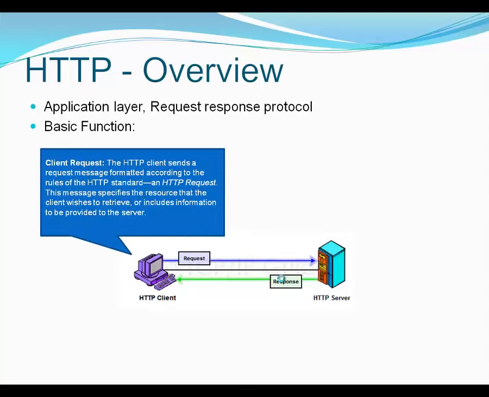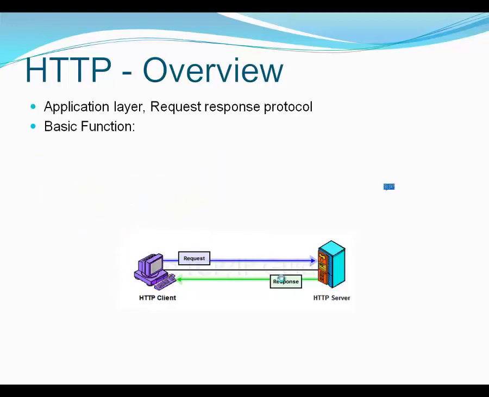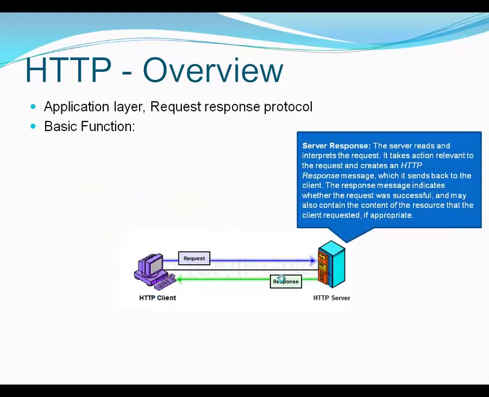When a client request is initiated, the HTTP client sends a request message formatted according to the rules of the HTTP standard, or RFC. This is called an HTTP request. This message specifies the resource that the client wishes to retrieve or includes information to be provided to the server. Then the server gets this request and responds back.